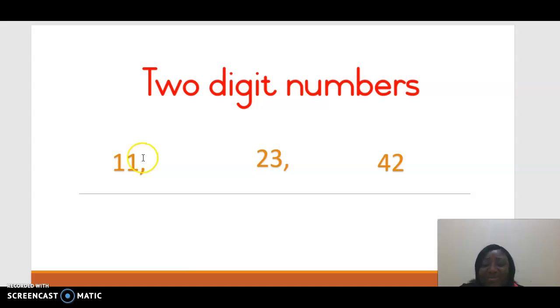Sometimes you have a number that is pretty large or big, and it might take a lot of time counting to find out how many tens there are in the number. But there is a simple way of looking at it to be able to tell at a glance, just by observing, how many tens you have in a given two-digit number, and how many ones you have in a given two-digit number.